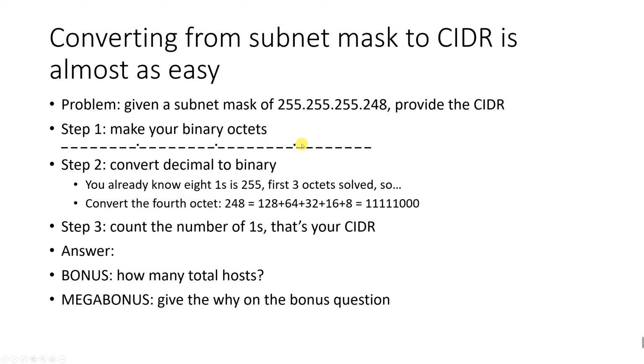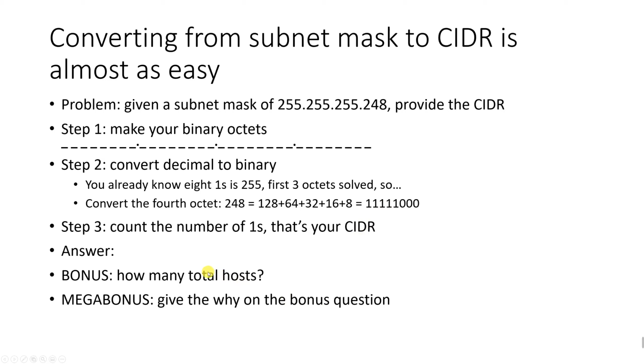Now you just have to figure out that fourth octet. So look at your place values. 128 plus 64 plus 32 plus 16 plus 8 equals 248. So you know that this last octet is going to be 11111000, and you fill that in all the way, and so that's your CIDR.